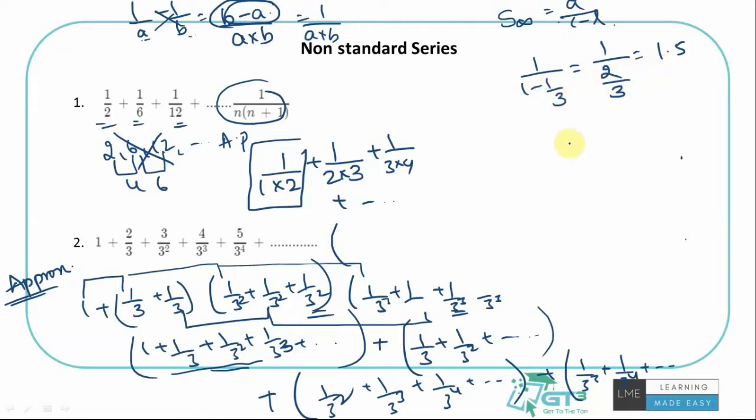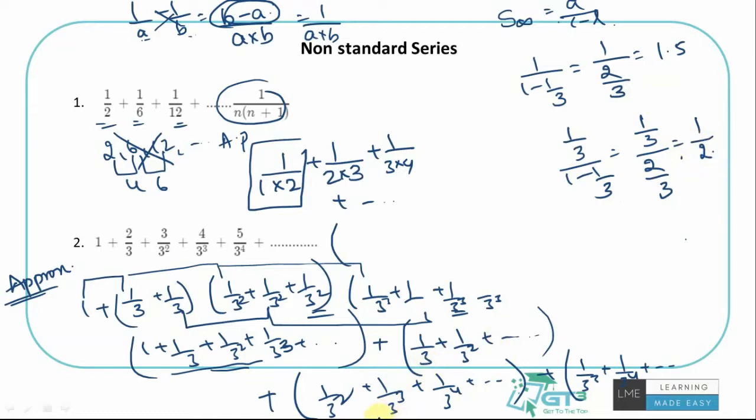Right. Similarly, the second block starting from 1 by 3, I will get 1 by 3 by 1 minus 1 by 3, that is 1 by 3 by 2 by 3, equals 1 by 2.